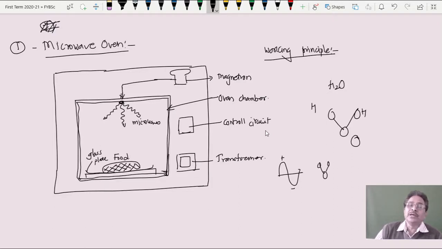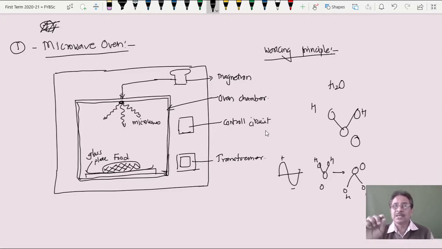So earlier it would be here in the second position, that is when this first positive part is here, this molecule may have this position, and when this second part comes here, this particular molecule goes into the shifting position, and this time this is H, this is H, and this is O. Now this rotation or shifting of the polarity of this molecule happens because water itself is a polar molecule. It has a positive charge center as well as a negative charge center, and these positive and negative charge centers work as a dipole.